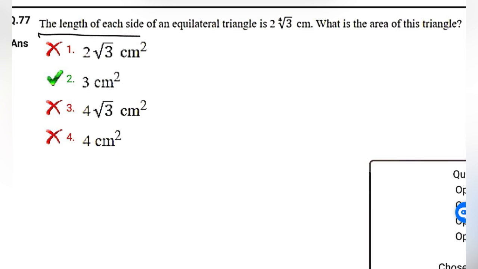The length of each side of an equilateral triangle is 2 into 4th root 3 centimeter. What is the area of the triangle?